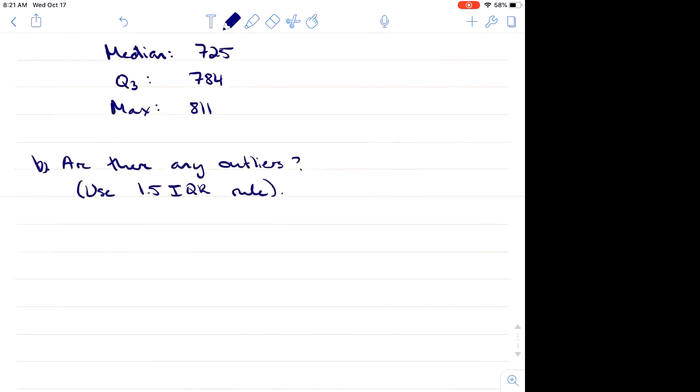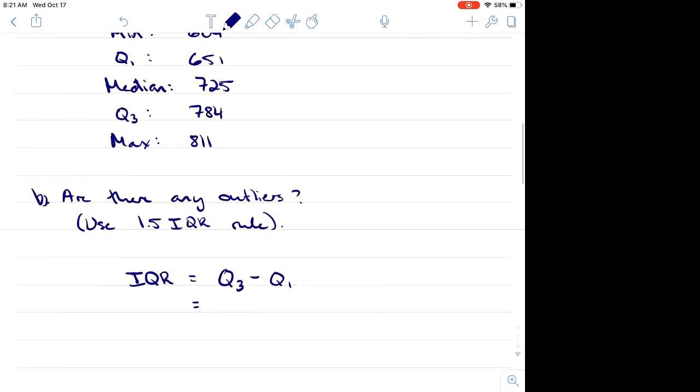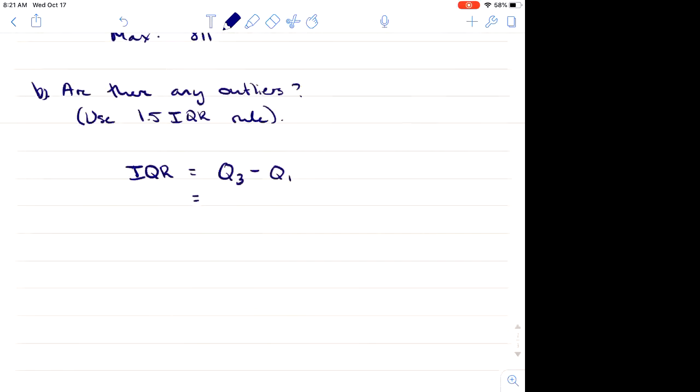So first thing we need to do is find the interquartile range. The interquartile range is on your formula sheet, and it's just Q3 minus Q1. So the interquartile range here is 784 minus 651. We get 133.